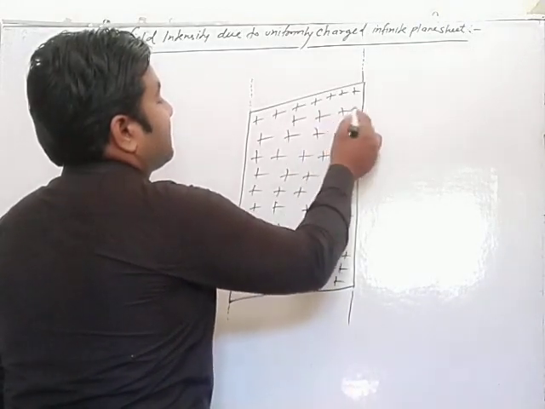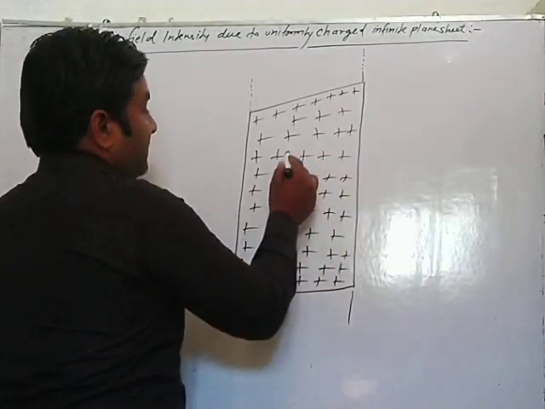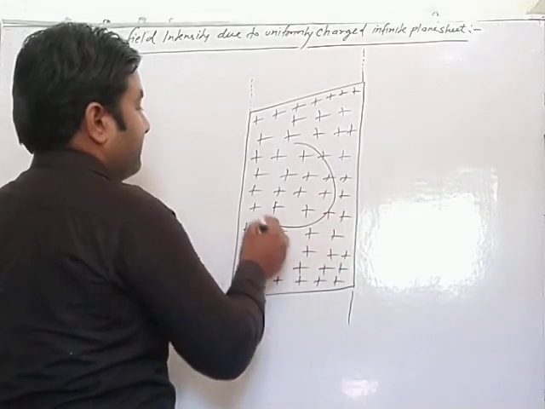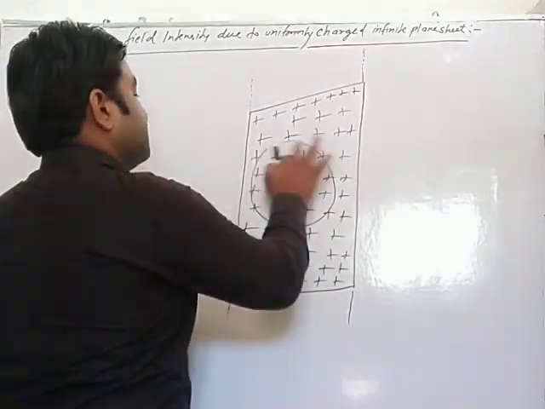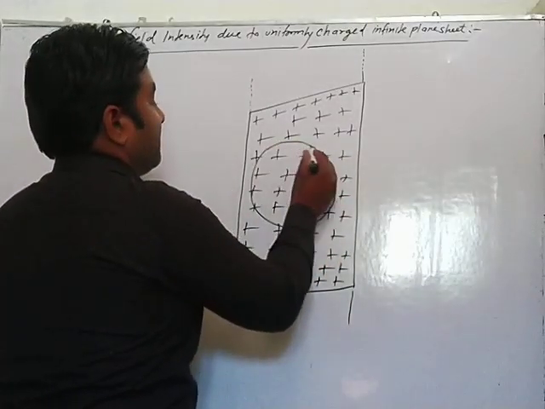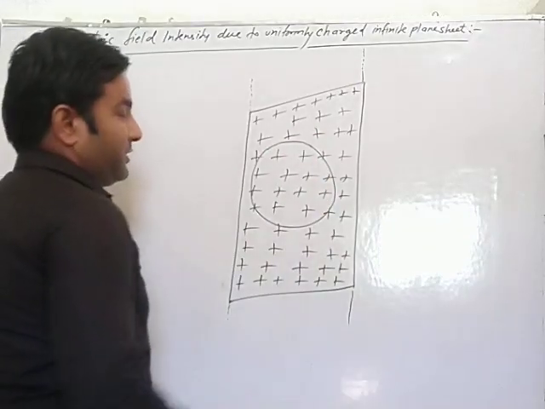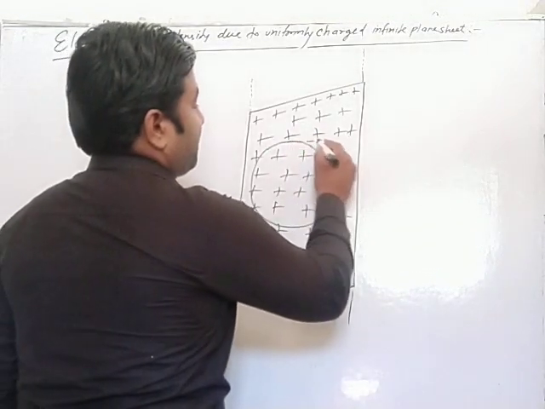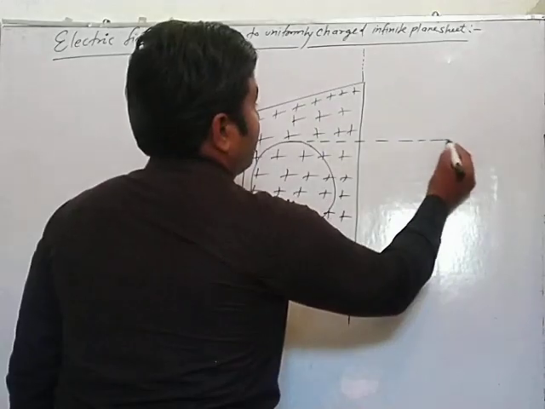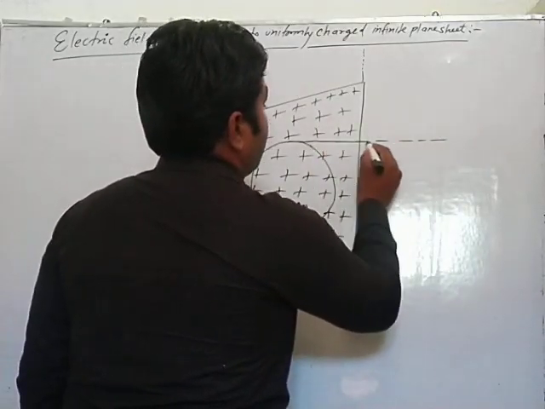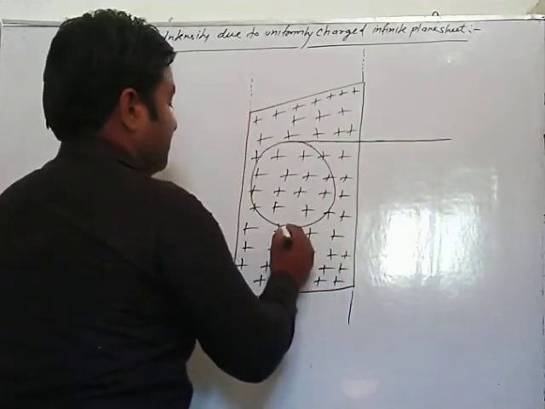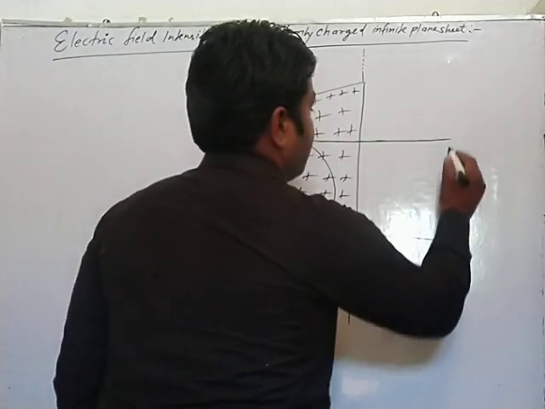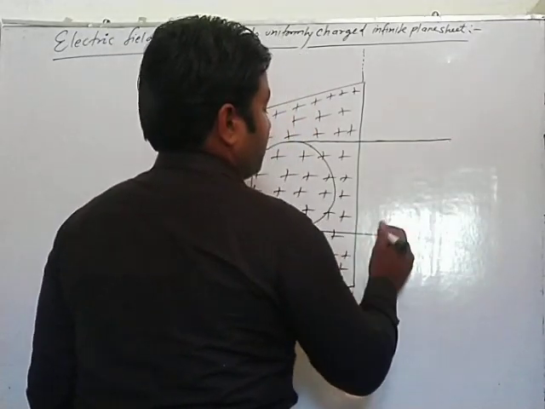By imagining a cylinder, this is the circular region, and when we extend this circular region on both sides, it forms a cylinder, extending towards the left the same as the right.